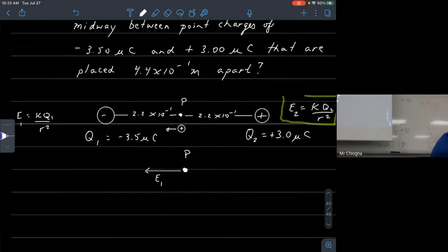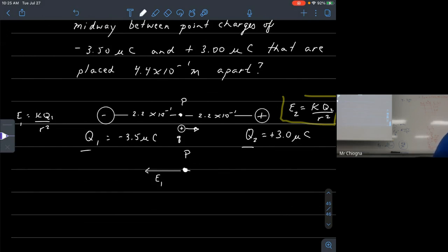It would move to the left. You have to look at each source individually, one at a time. What about Q2? It's the opposite. The positive test charge would be attracted to Q2, to the right.